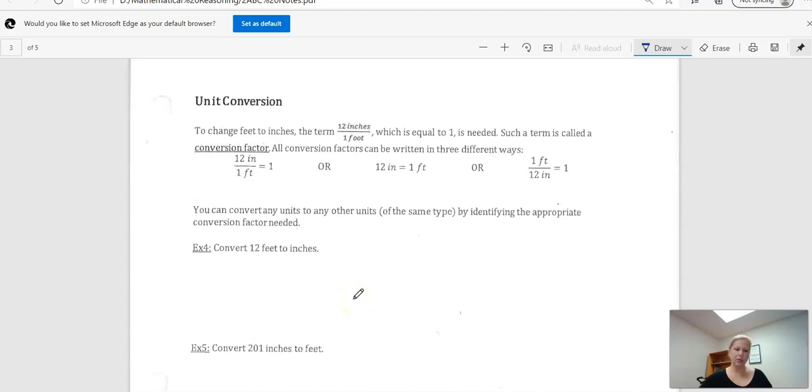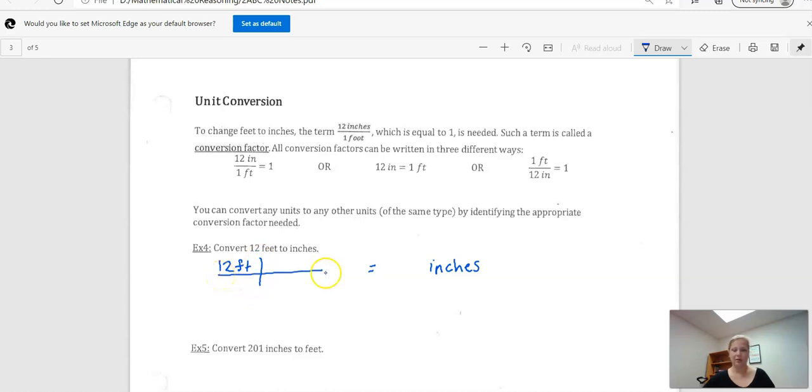So the first problem here says to convert 12 feet to inches. So I'm going to say 12 feet. And in the end, I want my answer to be in inches. That's how I always start these problems. I want my 12 feet to turn into inches.